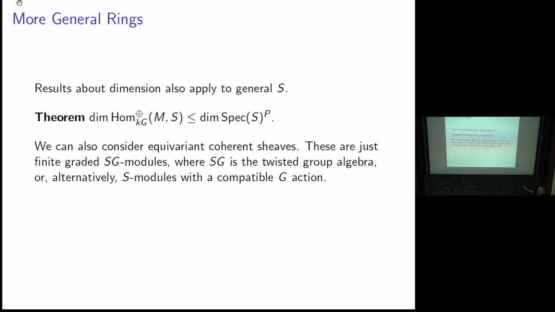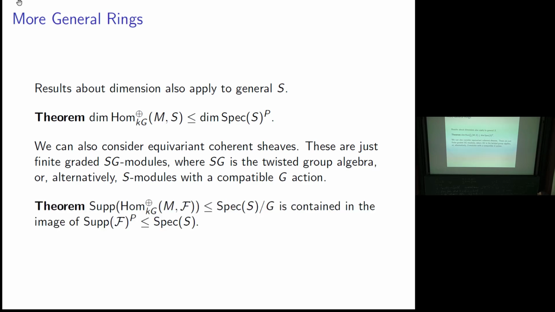If you want, you can take modules over your ring, which still have a group action, and do the same sort of thing. And again, this is going to be a finite module over something which you've already controlled. So you can control the dimension.